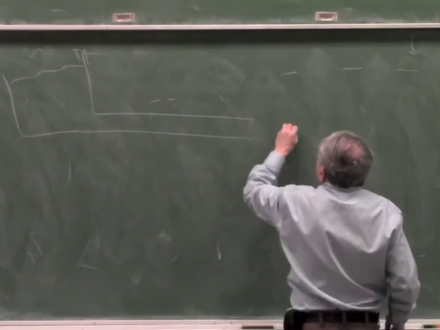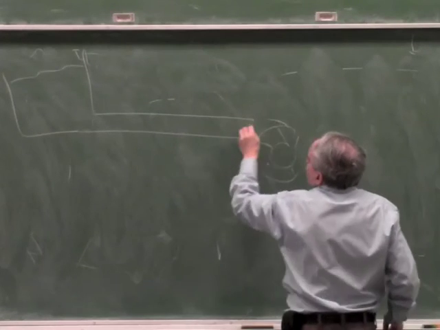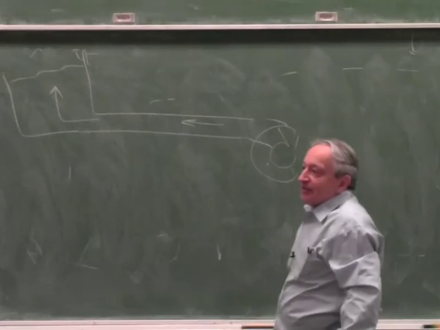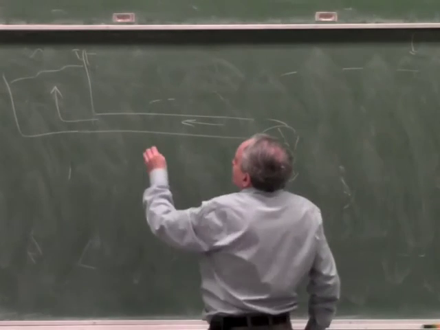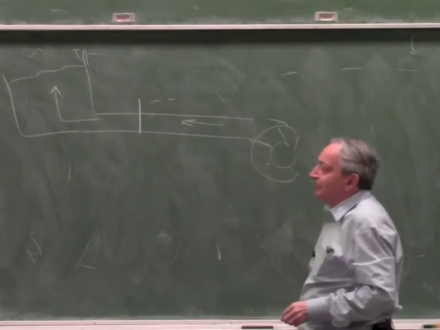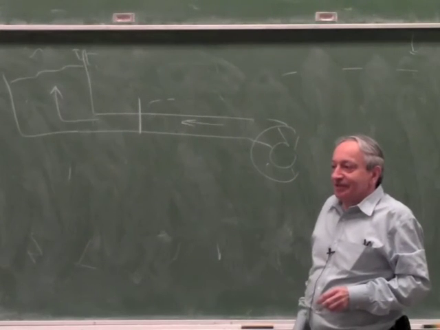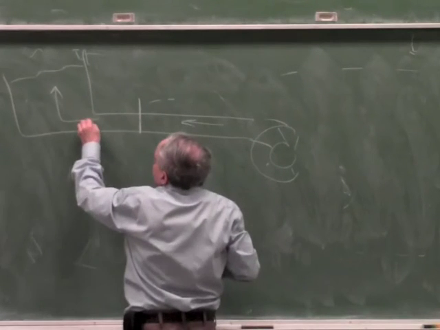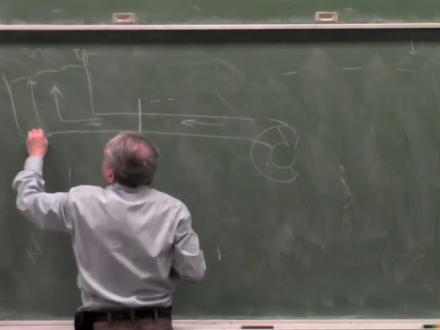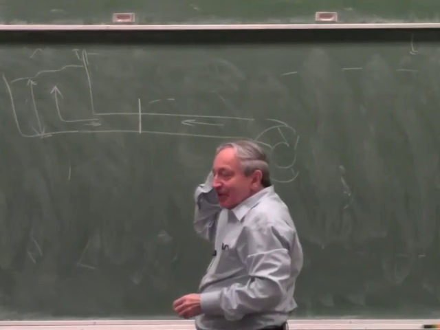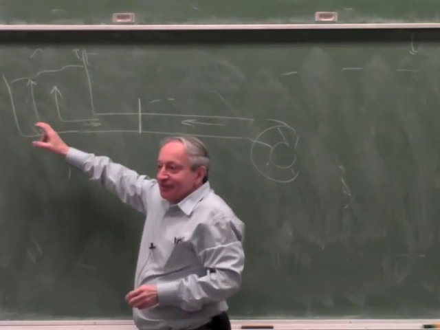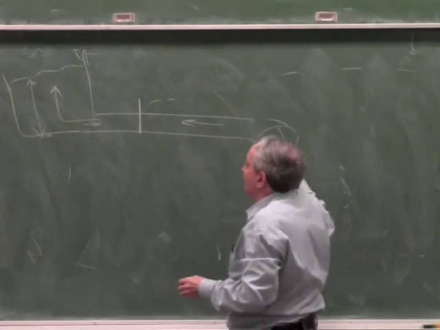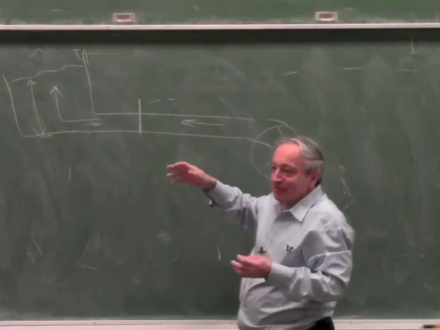Let's say the pump is like the battery which feeds water into the tank, and you shut off the water supply immediately. Even before you shut it off, you have a back pressure because of the height here, and the back pressure is the same as the back EMF. The pump pressure has to overcome the back pressure in order to make a flow. So it's the same as back EMF in a motor.